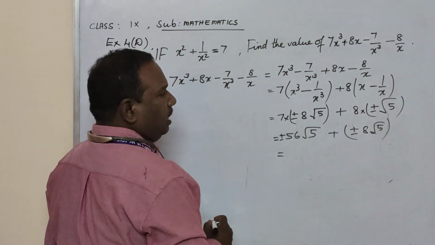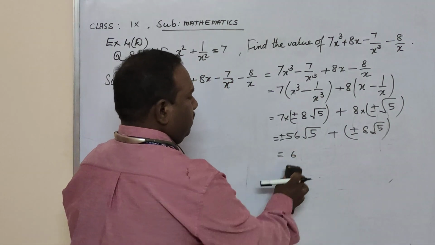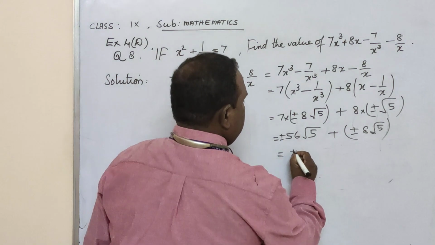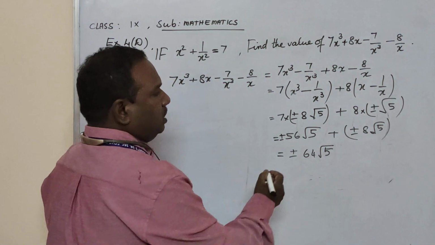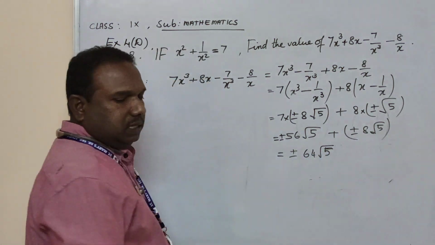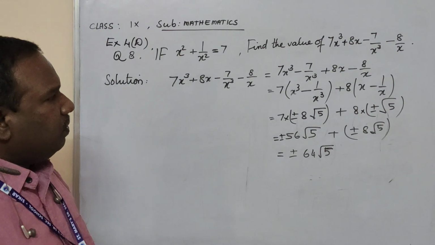After adding both, you are getting 64 plus or minus 64 root 5. This is the required answer: 64 plus or minus 64 root 5.